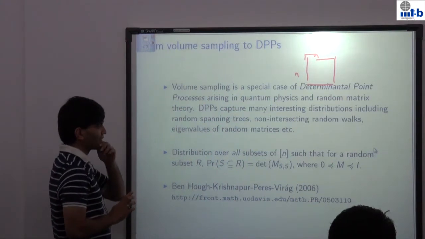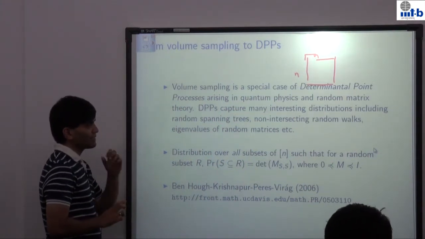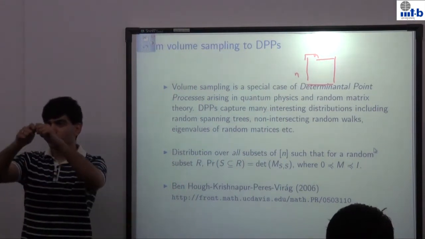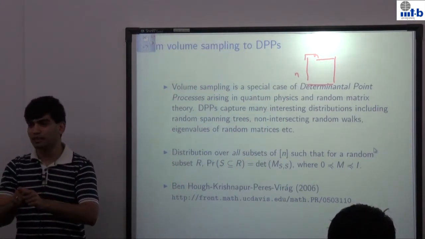In such cases, you can define a distribution over subsets. So we have a positive semi-definite matrix.